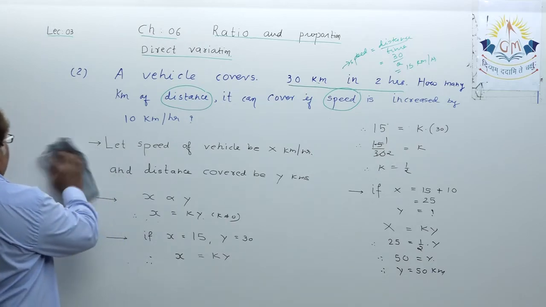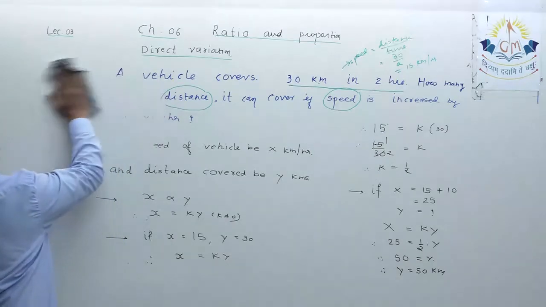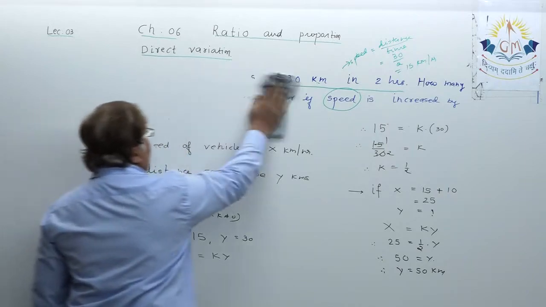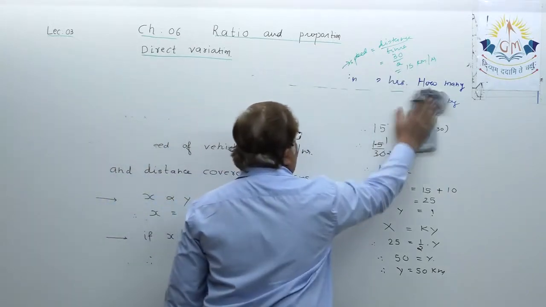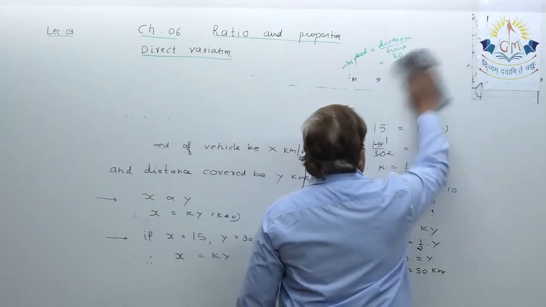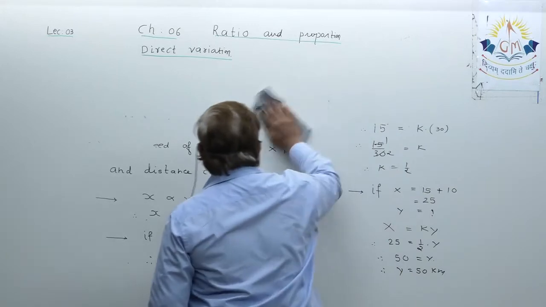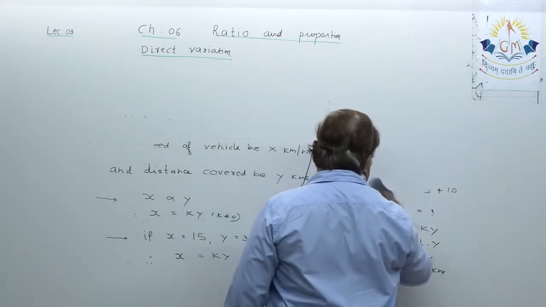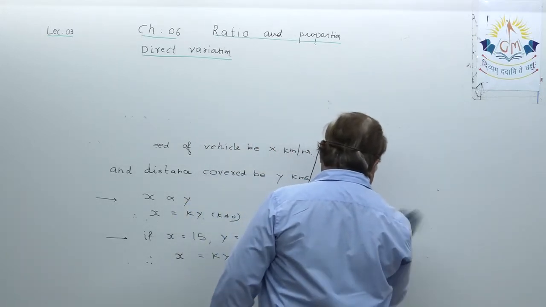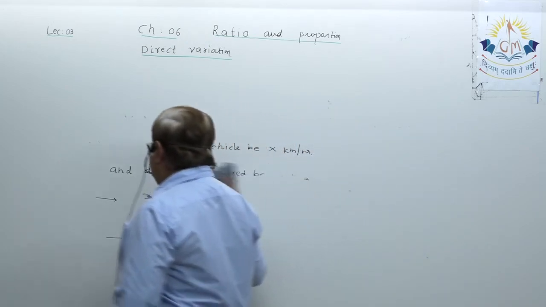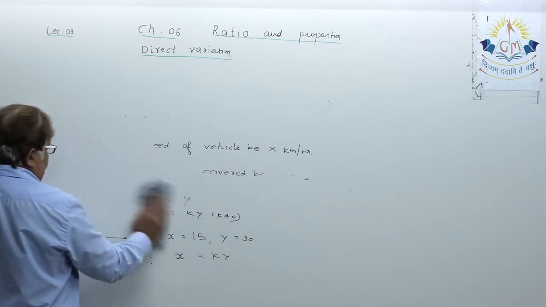Okay, let us do sum number 3. I'll just write the sum here and then you will try to solve it. I am going to give you, my dear student, some sort of thinking on your part.